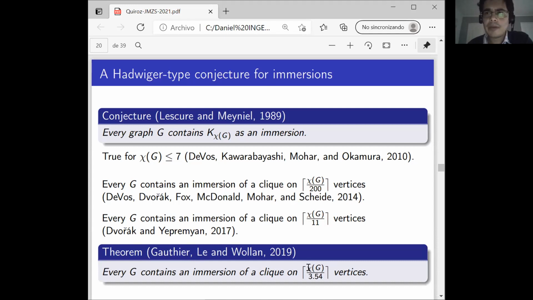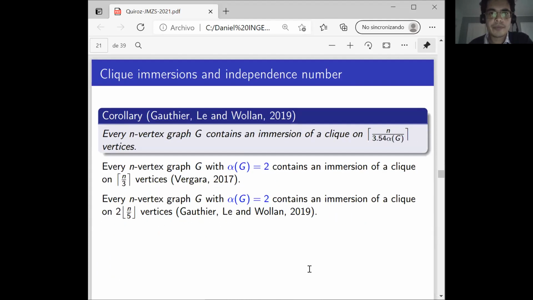But how about our relaxation, the relaxation we consider with the independence number? Well, this result of Gauthier, Le, and Wollan would imply the following: every n vertex graph contains an immersion of a clique on n over 3.54 alpha vertices.